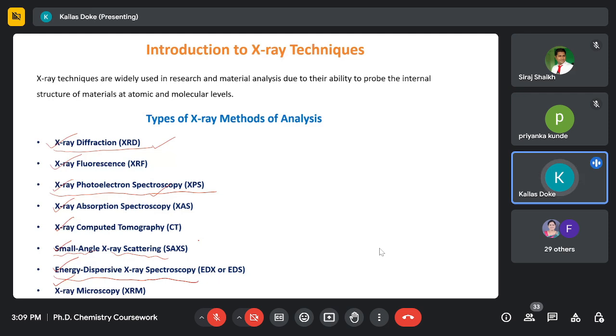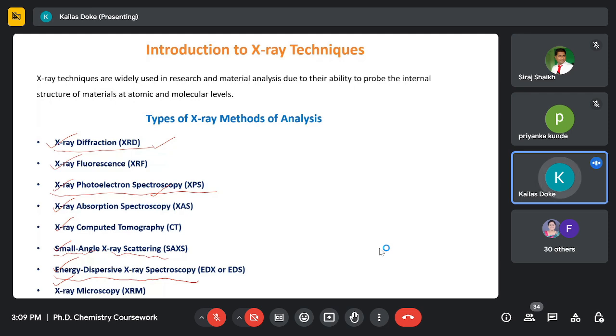So in the next course of nanomaterials, which is an optional course, I'm going to explain in detail about these two methods, especially small angle X-ray scattering and energy dispersive X-ray spectroscopy. So today and tomorrow, we are going to revise and discuss some applications of X-ray diffraction and X-ray photoelectron spectroscopy.